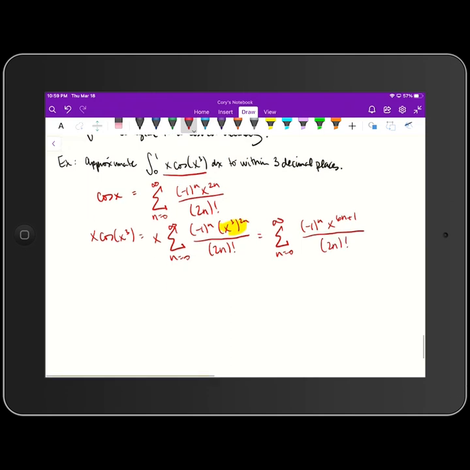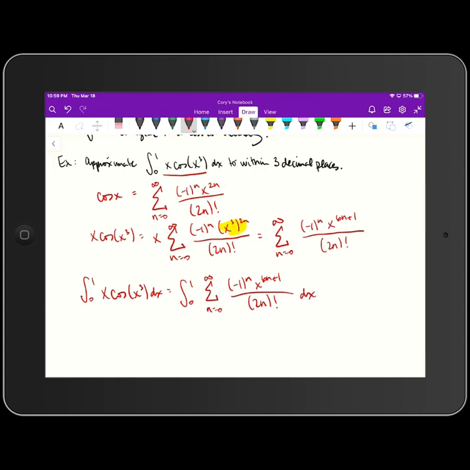Okay, so if we want to take then the integral from 0 to 1 of x times the cosine of x cubed, then what I'm going to do is take the integral from 0 to 1 and replace that function x times the cosine of x cubed with its Maclaurin series, which is going to be the sum from 0 to infinity of -1 to the n times x raised to the 6n plus 1 power over 2n quantity factorial, which we are integrating with respect to x.